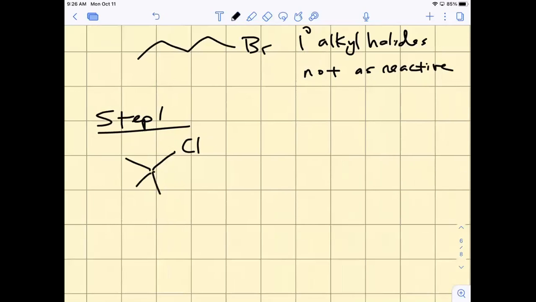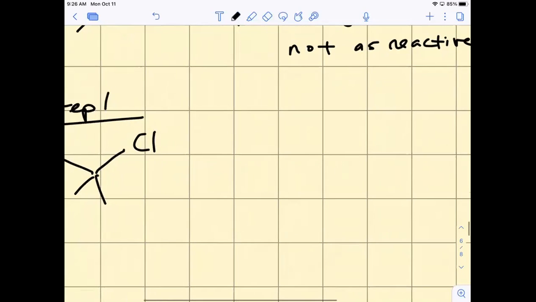All right, so I'll start with this tertiary alkyl halide, and then I'm going to add that aluminum trichloride catalyst, right?